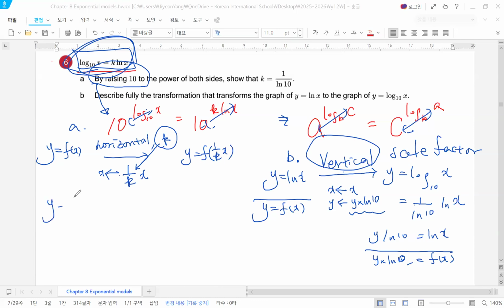If there is y equals f(x) with a vertical stretch, scale factor k, it means that you need to substitute 1 over k times y for y. So 1 over ky equals f(x). Therefore, you can write it as y equals k f(x).